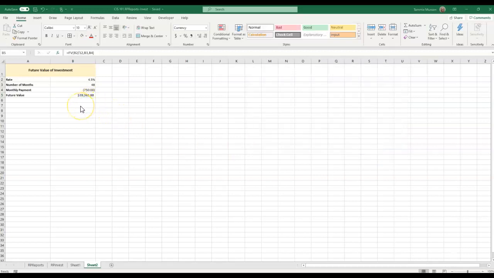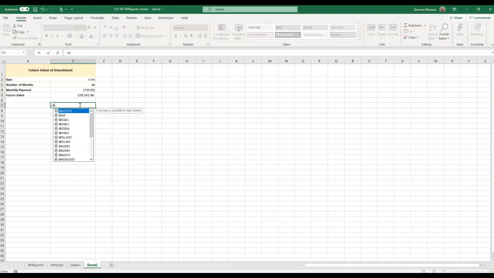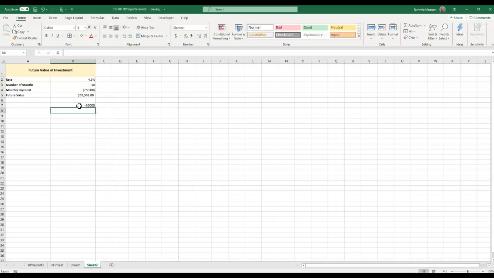So I did have a student say to me, well, what does the $39,362.88 tell me? How do I know if that's really beneficial to me? I'm just going to click in this cell for you, and I'm going to type equals, and we're going to take cell B3, which is the number of months, and multiply that by the cell B4, and enter, and it comes up with a negative 36,000, just to give you a ballpark.